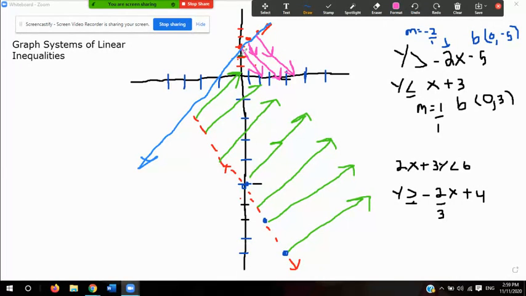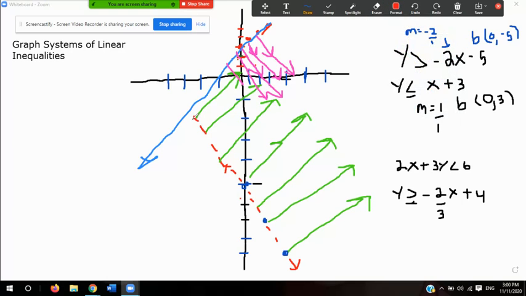So I continue. So that means that x is going to be at any point smaller than positive 3. So that means that on this side, the graphs are not going to intersect.